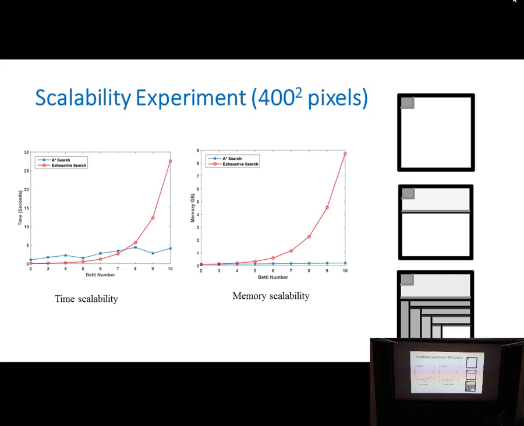We can see the time we spend as the Betti number gets bigger. The red one is the original exhaustive search. As you can see, obviously, it goes up exponentially, whereas the running time of our heuristic search remains reasonable. Actually, it's linear, hopefully linear. And the memory expense is the same. You can go up to 9 gigabytes if you are not careful enough, if you use the original one.